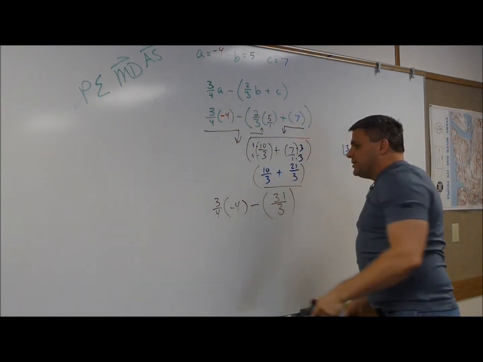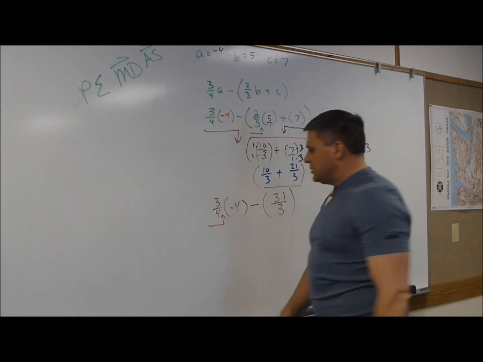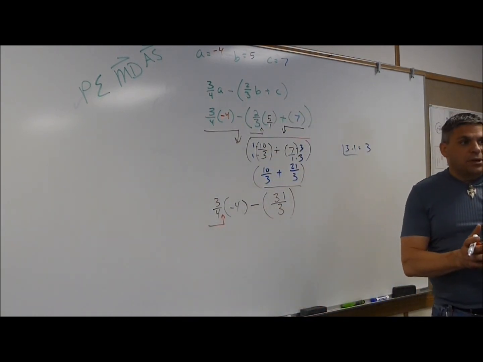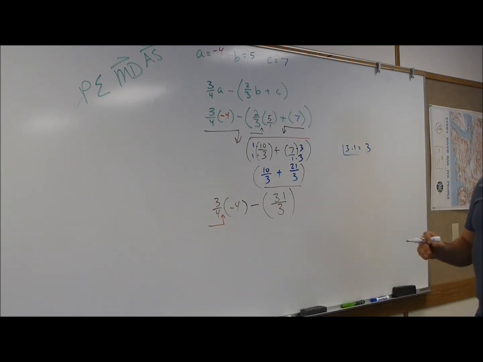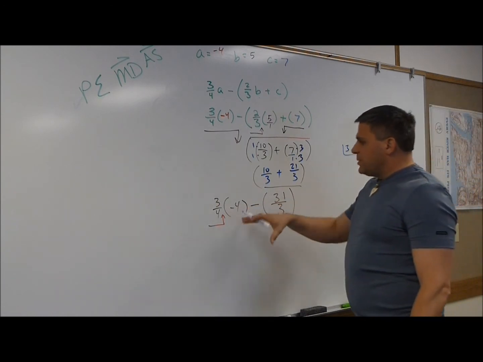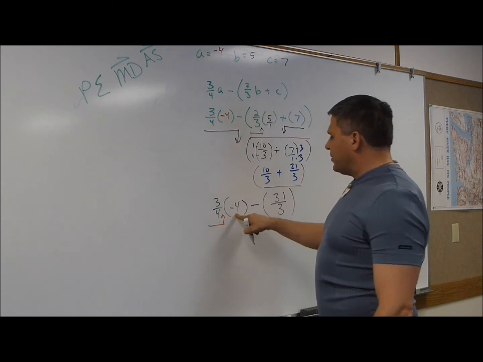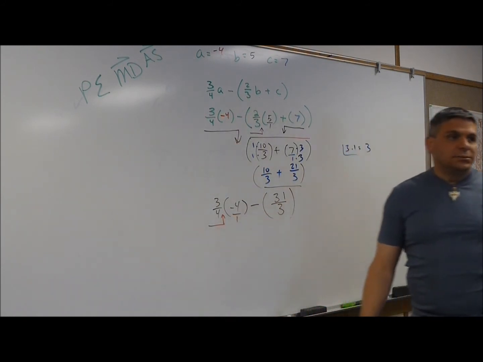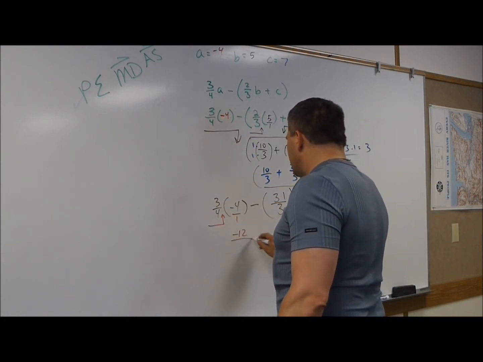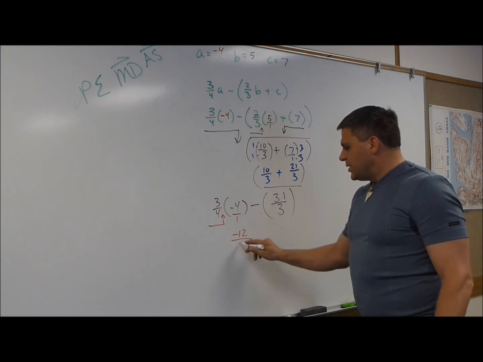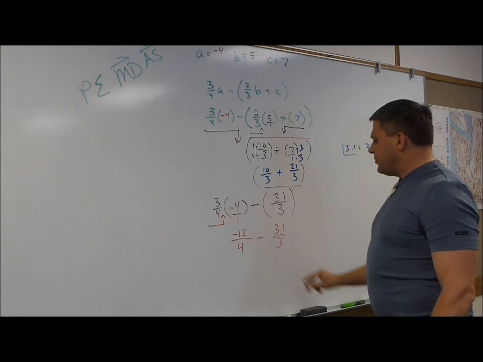No. Any multiplication division from left to right? And now I'm seeing, wait a minute, right here, there's that number, in this case a fraction, next to a number, right? And so what I need to do is multiply that through. And when I do that, I get negative 4 over 1, so negative 4 times 3 is a negative 12 over 4 times 1, which is 4, minus 31 over 3.